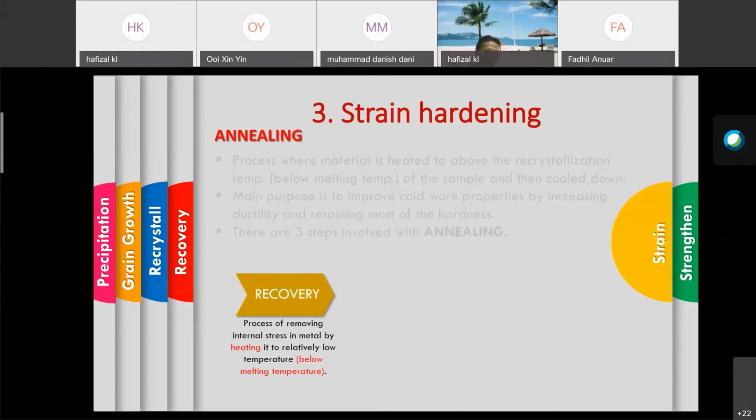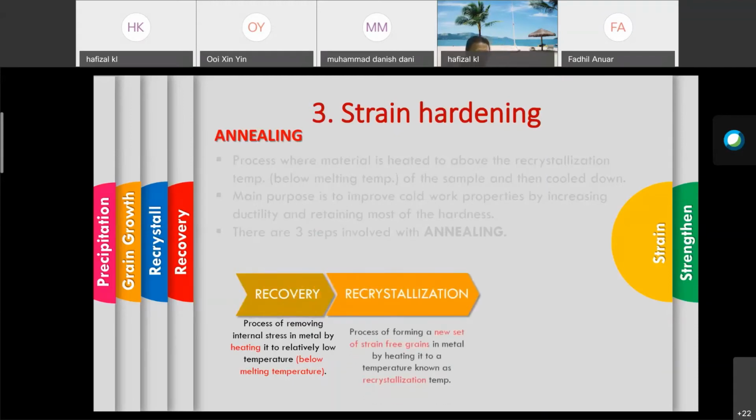So during recovery, we want to remove this, the internal stress, by heating at a certain temperature below the melting temperature. The point of recovery is to reduce or remove the internal stress, otherwise it will crack.